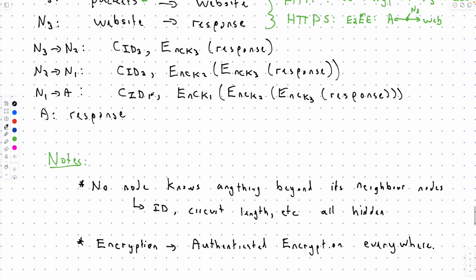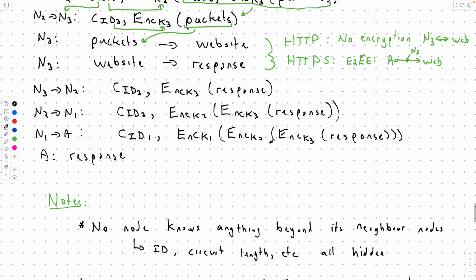So it marks it with CID1, encrypts it with K1, and sends it to Alice. And then Alice can decrypt these three layers of encryption and get the response from the website as if it was delivered directly to her from the website itself. Again, that response could be HTTPS encrypted, or it could be just HTTP.